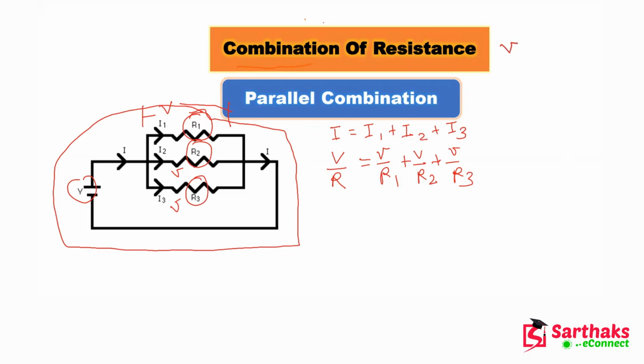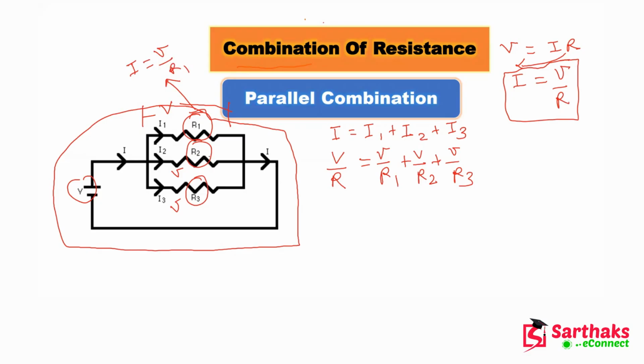Basically, I know that V is equal to IR. If I cross multiply this R, it will go to the divide side and I will get the formula I is equal to V upon R. So if you want to write current for this resistance, I will write simply V upon R1.